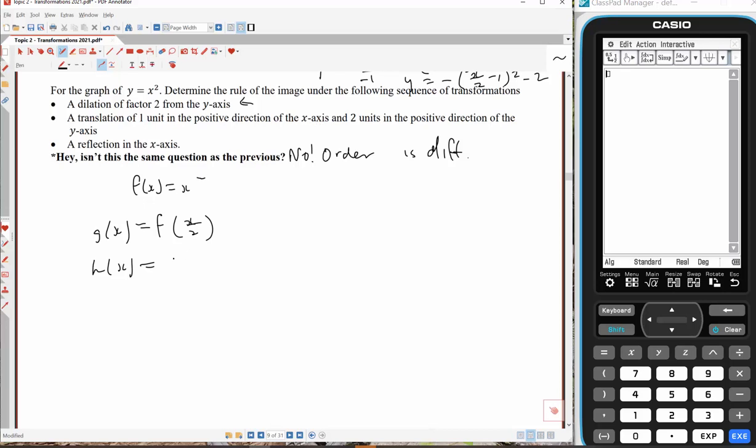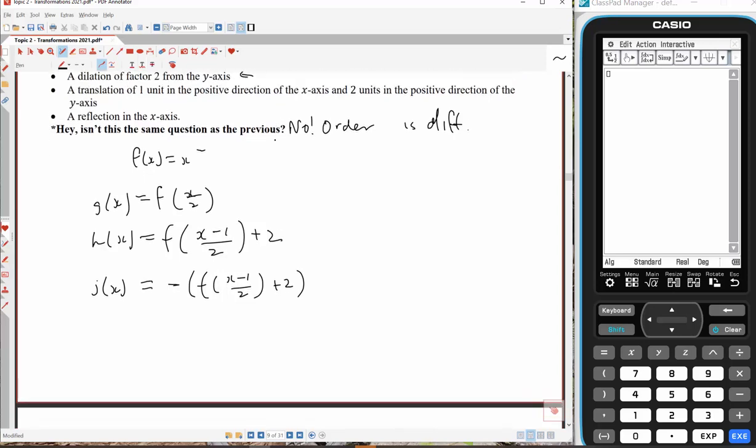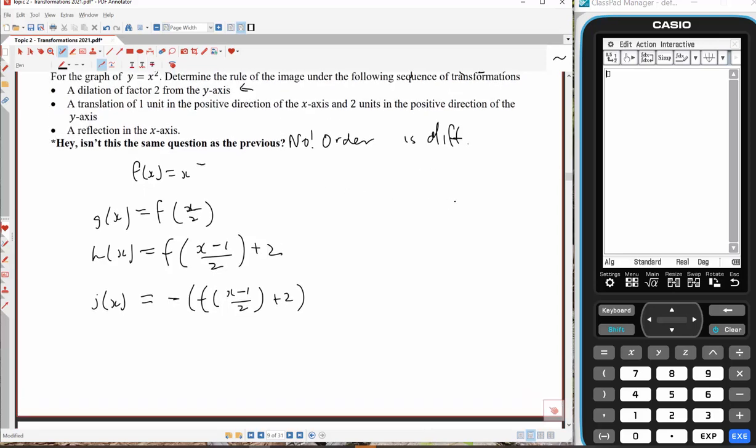So where I see x, I replace it with x take 1 all over 2. 2 units in the positive direction of y, that's that. j of x equals reflection in the x-axis means negative brackets f of x take 1 on 2 plus 2, close your brackets. Okay, so all we'll do now is pop them into f of x.